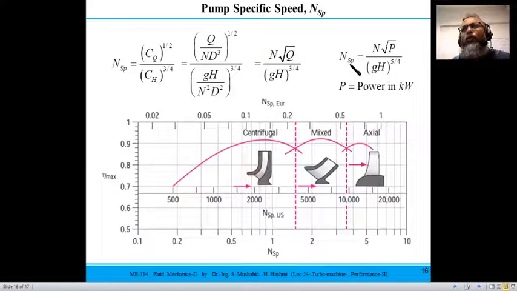So if you know the specific speed, you can classify the turbo machine, because each number signifies a particular class of turbo machine. This specific speed concept is very useful in classifying different turbo machines.